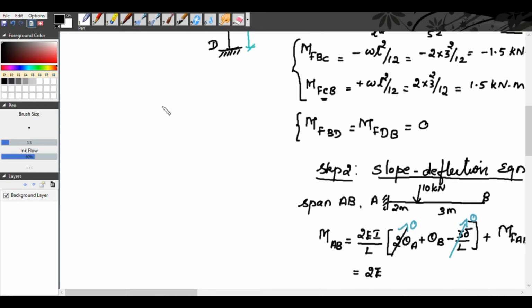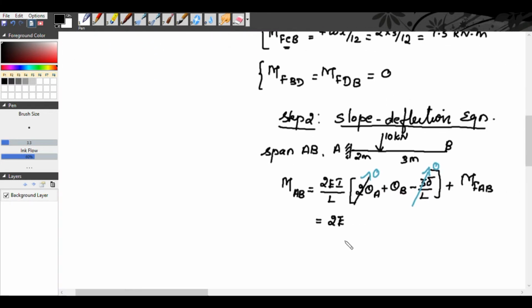So, we will substitute 2I. So, 2E into 2I divided by L is 5 into theta B plus MFAB, we have calculated it as minus 7.2. So, what we get is MAB is equal to 4EI into theta B by 5 minus 7.2.